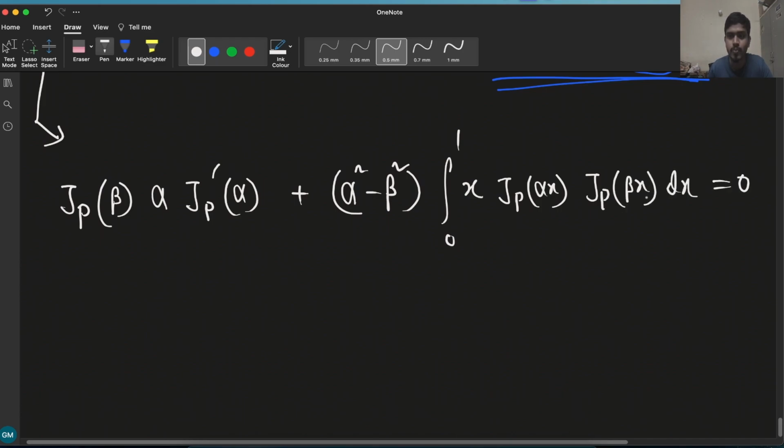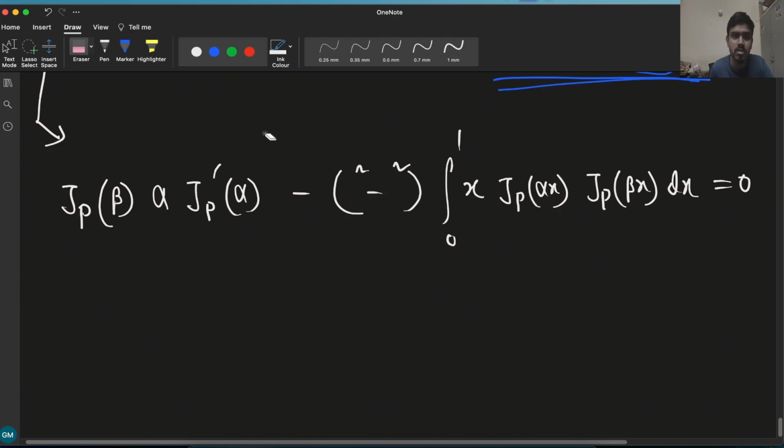dx equals 0. Also, one thing I can do is take this minus outside. In that case, I can put a minus sign here and interchange alpha and beta, so it will be beta square minus alpha square.